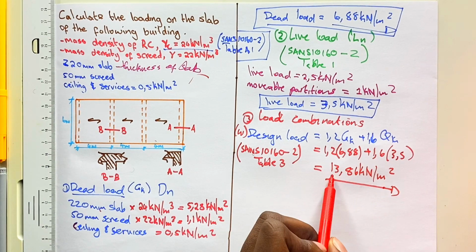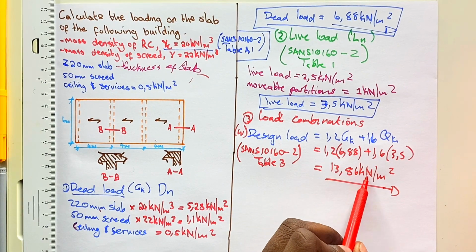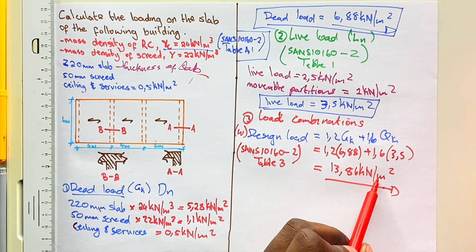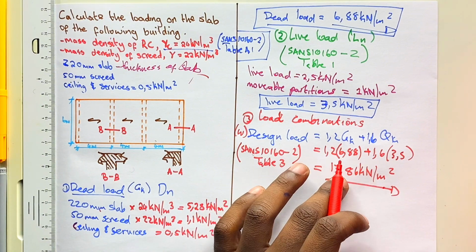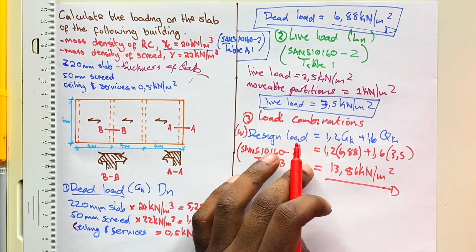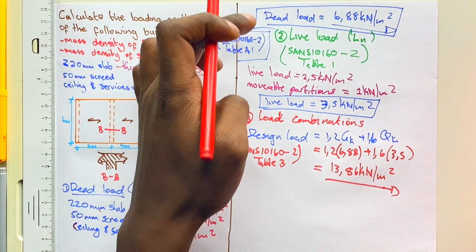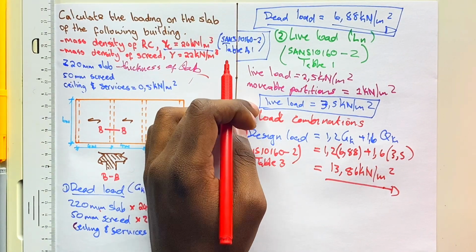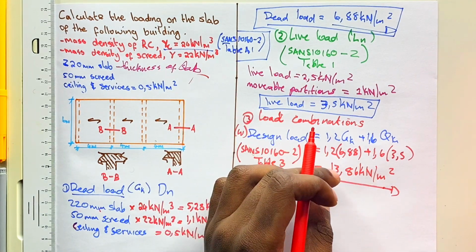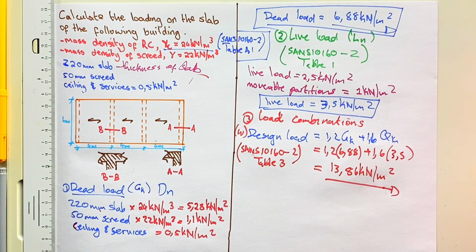Now, this 13.86 kilonewtons per meter squared is what we are going to design for. You notice that this loading is larger than the original dead load and live load combined to allow for uncertainties.